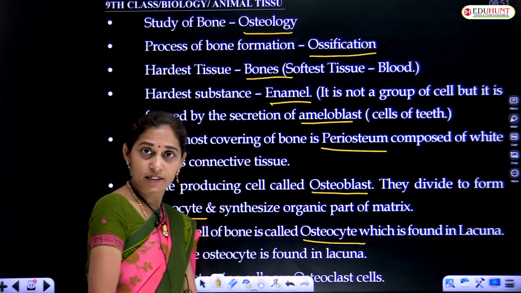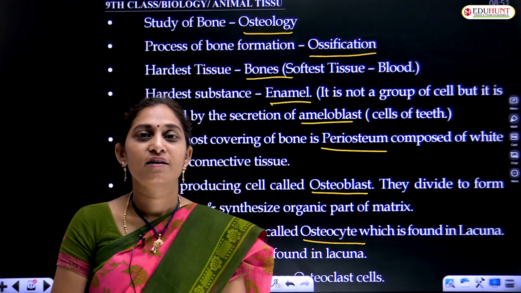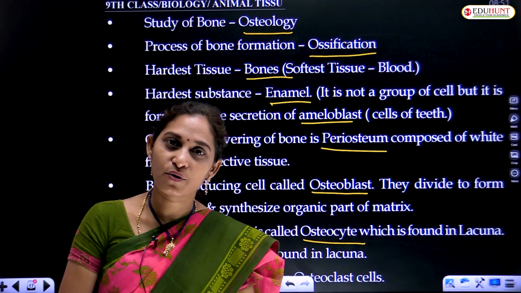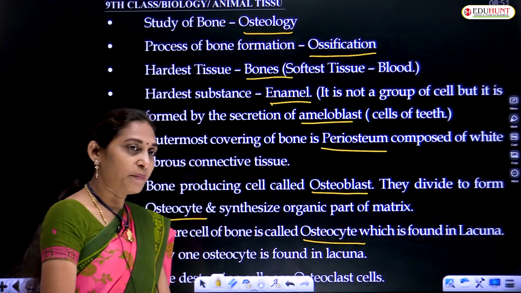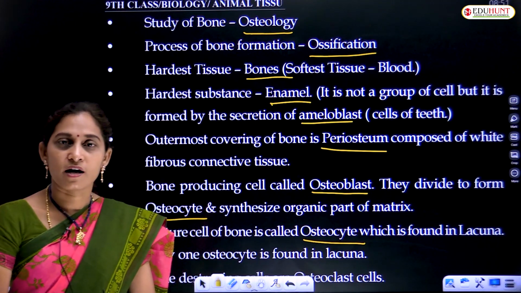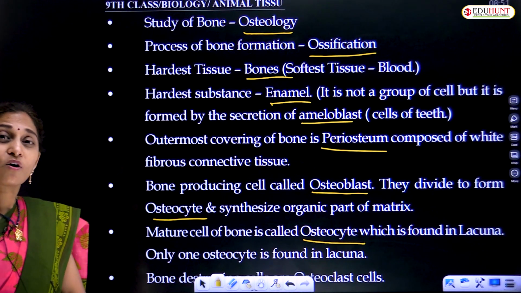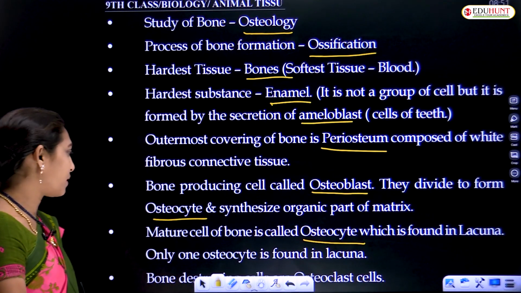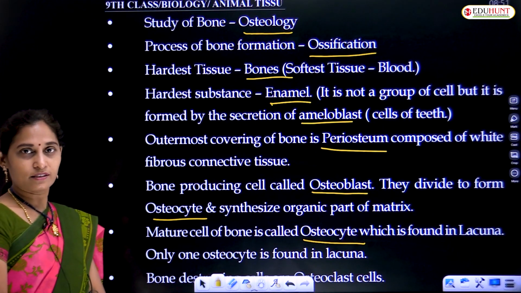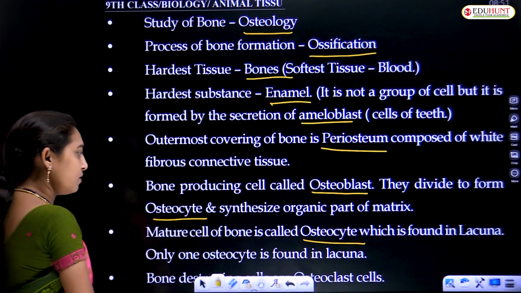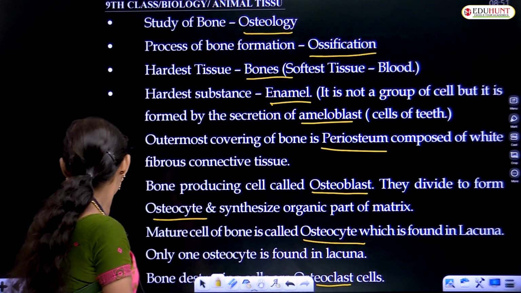Mature cells of the cartilage are called the chondriocytes. Cheppukunnam kada, chondriocytes ante they are produced from the chondroblast, and the mature cells of the bone are the osteocyte. Chondroclast ani manam chusam kada, clast anagane destroying cell, cartilage destroying cell. Alaga ikkada manam osteoclast chustamu, that is the bone destroying cell.